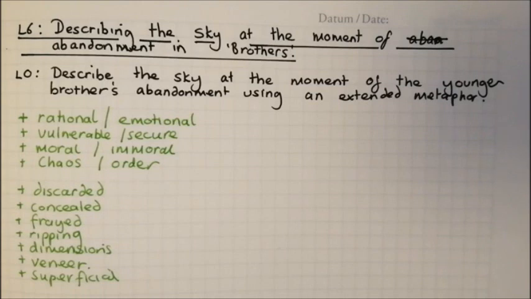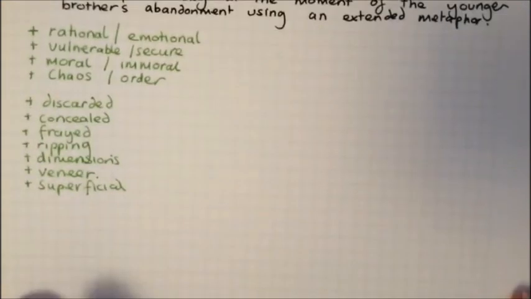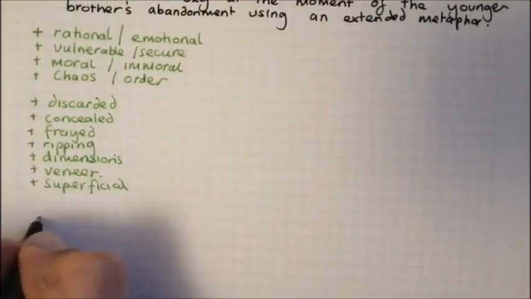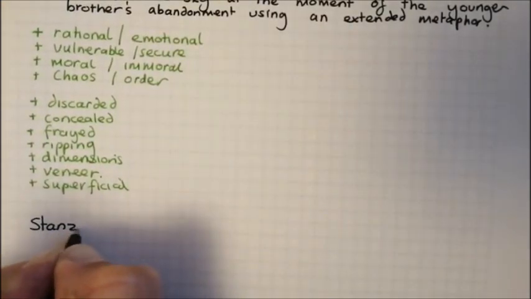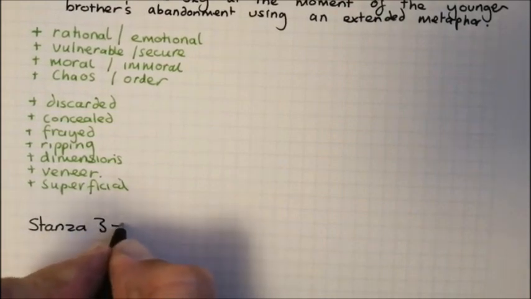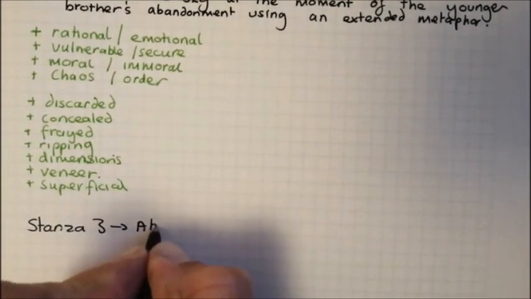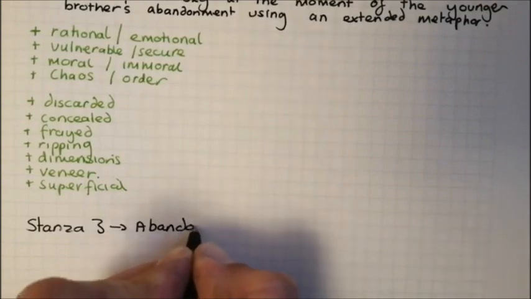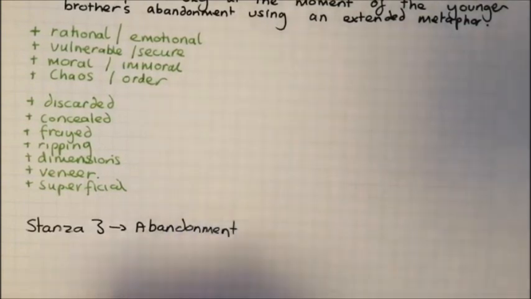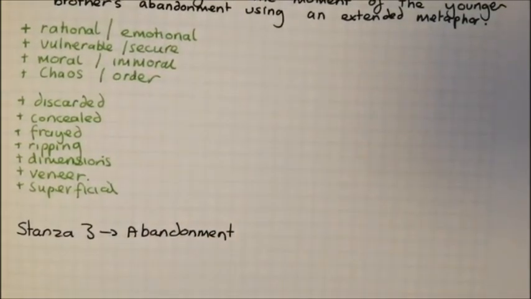So I want us to think about the story we're going to be telling today. We're going to be telling the story of this stanza 3 and this abandonment. And there are certain elements that I really want us to include.